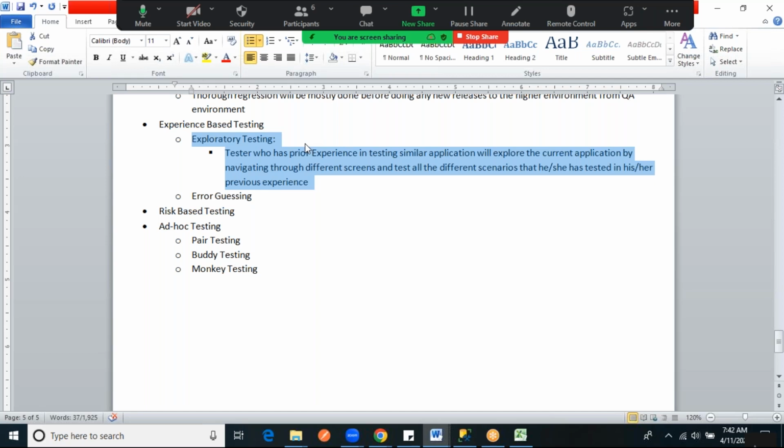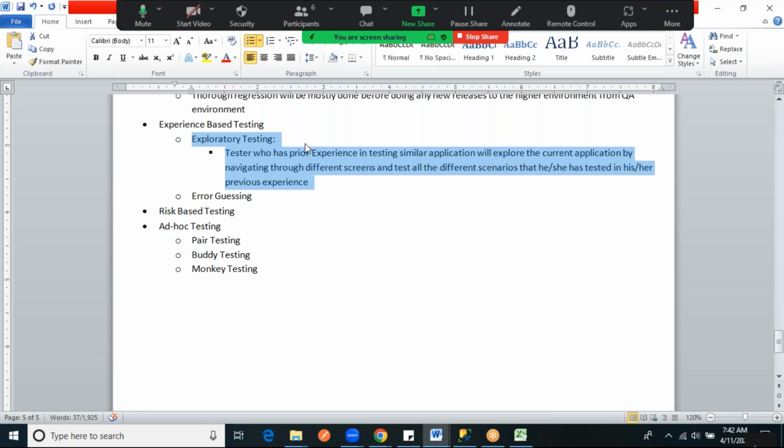But here the expectation is, when such critical projects are there, which are ongoing projects, they don't have enough time to let you sit and learn on your own, or go through different training sessions and understand the domain. They don't have that much time. In that case, they don't hire those who do not have relevant experience.